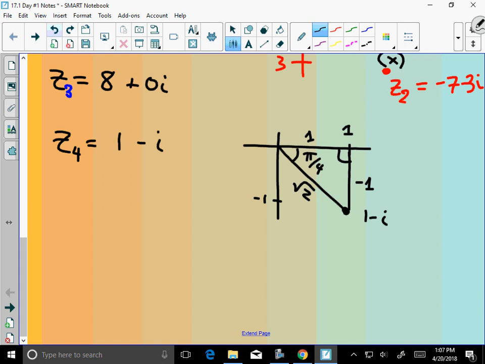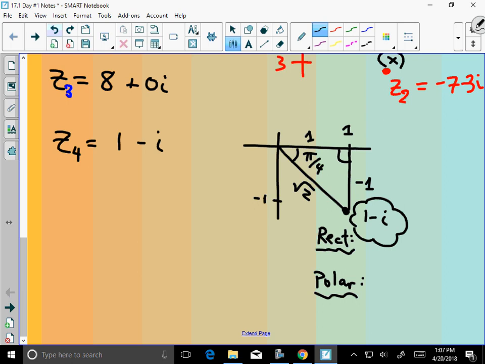So this right here is rectangular form for a complex number. I move right, I move down. We'll get to polar form later. You don't need to know this today, but here is polar form for the same position.